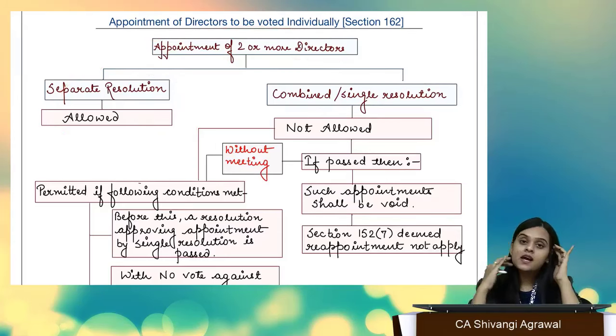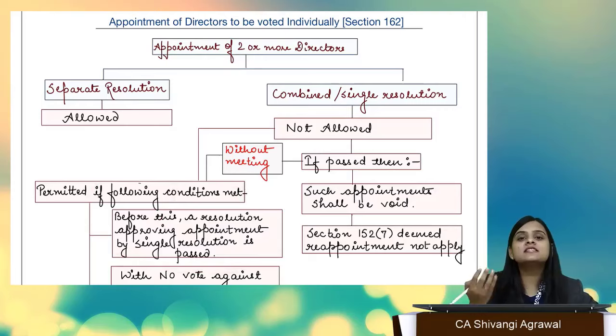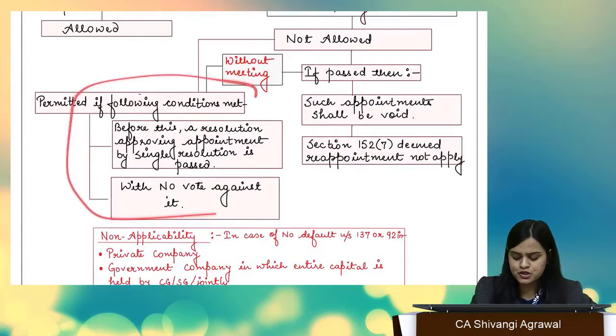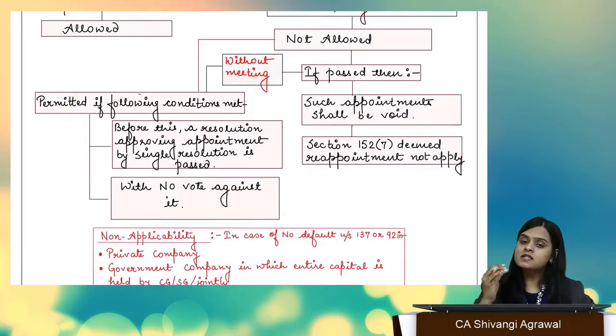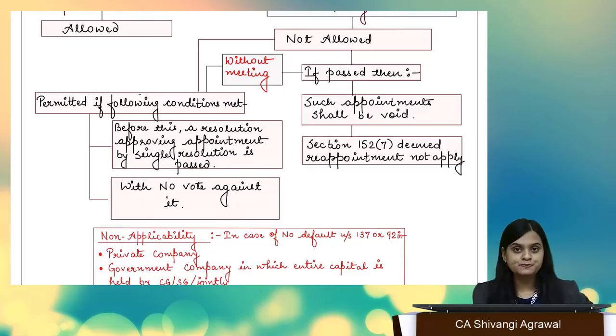a single resolution may also work. When, ma'am, when can it work? When a prior resolution is passed. That means before this single resolution, another resolution is passed which tells us, resolve that appointment of X and Y is going to take place by a single resolution, whether you approve or you disapprove.